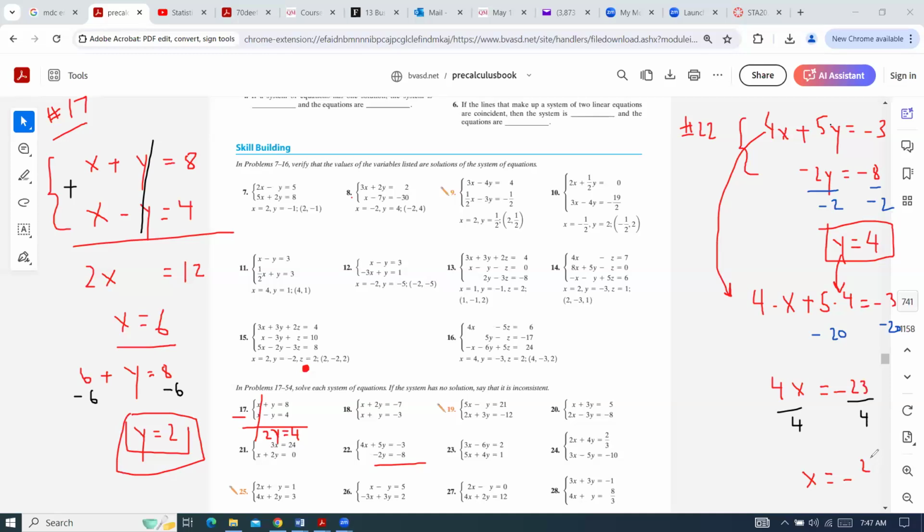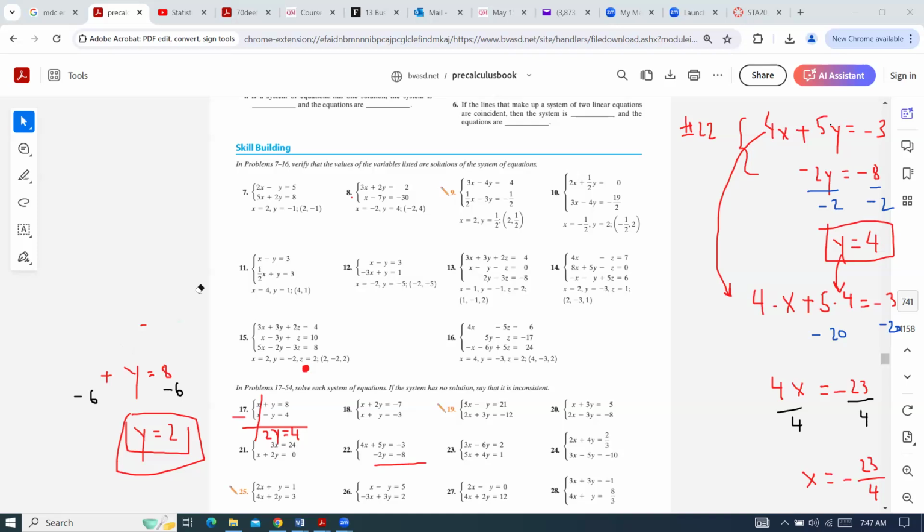Okay, so it'll be some negative number, 23/4. If you wish, you can pull out the actual answer, such as 5 3/4 or 5.75, whichever you prefer. But yes, the answers could be fractional, and there's nothing to panic about when you see fractions, because we already worked a lot with fractions, right? And we'll just do some more.